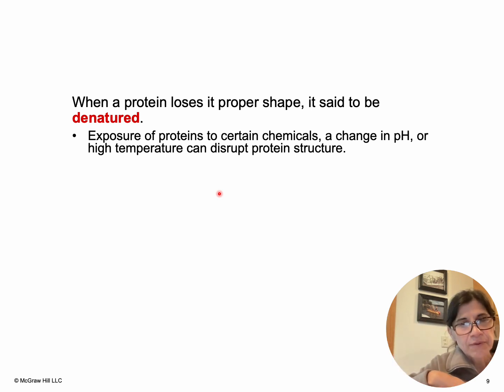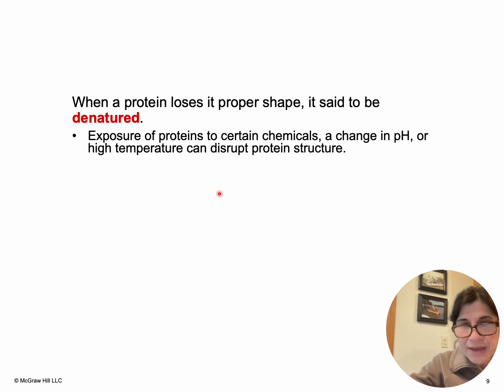For example, have you ever fried an egg on the stove, on a pan? When you open that egg up and put it on the frying pan, you have the yolk and then the egg white. Initially that egg white is transparent. You can almost see through it. That's almost all protein, that egg white.